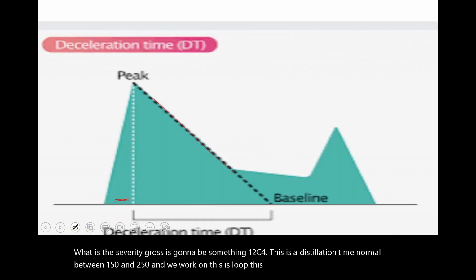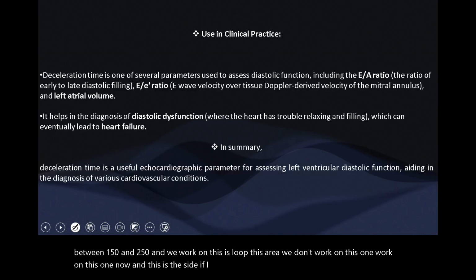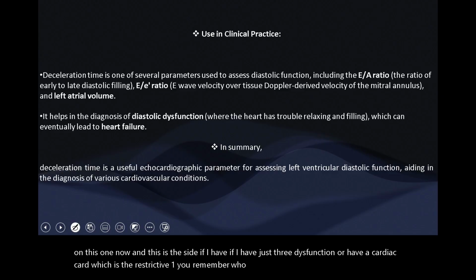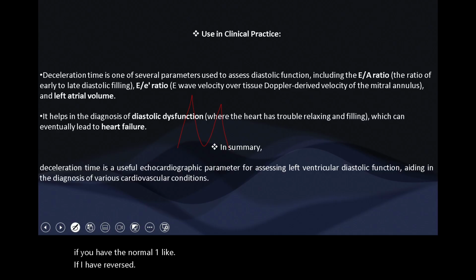We don't work on this one, we work on this one now. And this decides if I have diastolic dysfunction or cardiomyopathy, which is the restrictive one. You remember we said E ratio in the restrictive one. If you have the normal one like this, and if I have it reversed like this, it will be diastolic dysfunction.